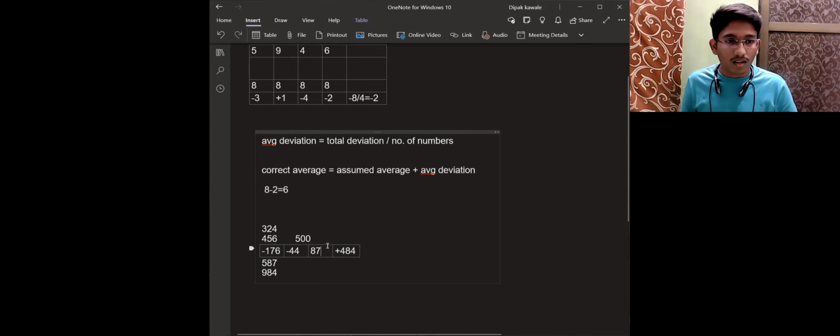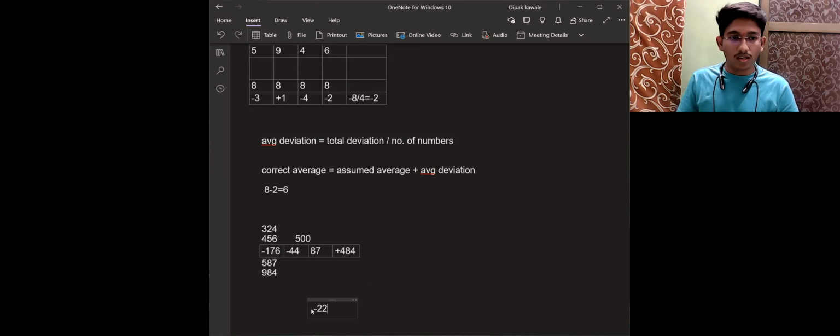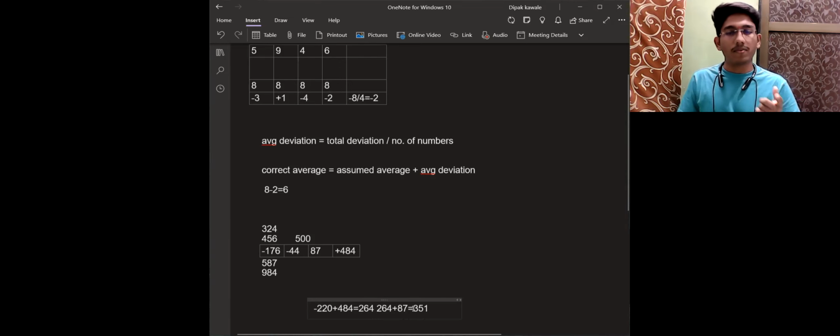Okay, now adding all the deviations. So what is the addition? Minus 176 minus 44 is minus 220, and minus 220 plus 484 will be 264, and 264 plus 87 will be 351.